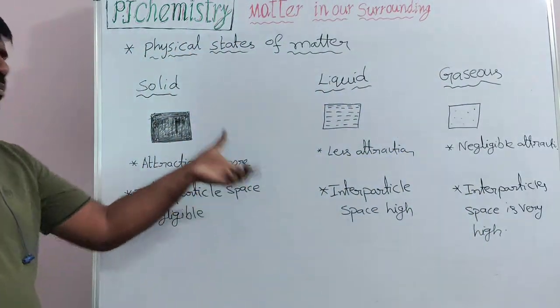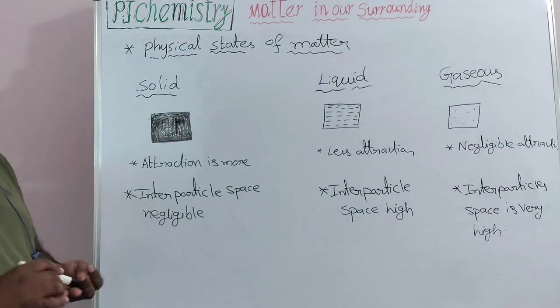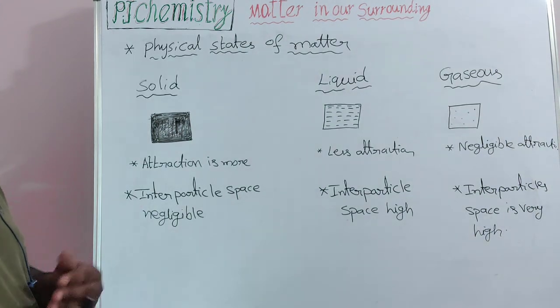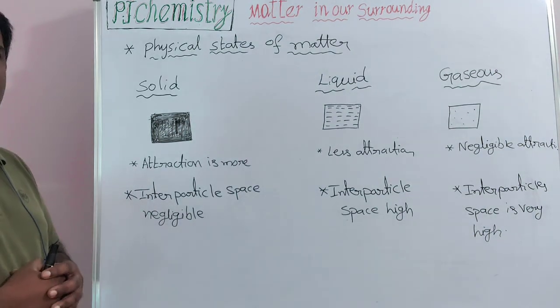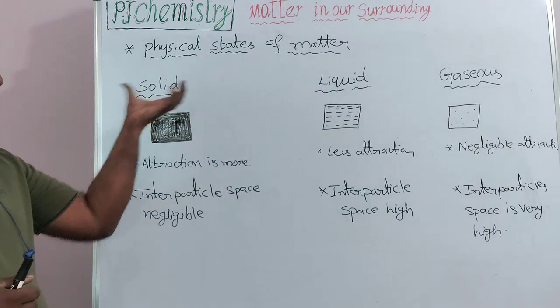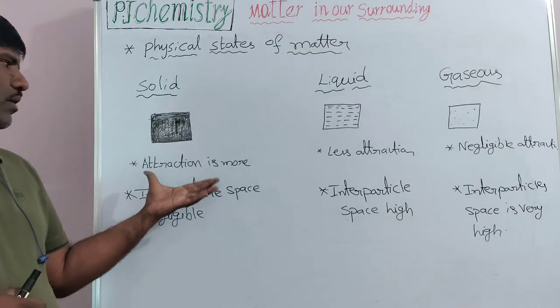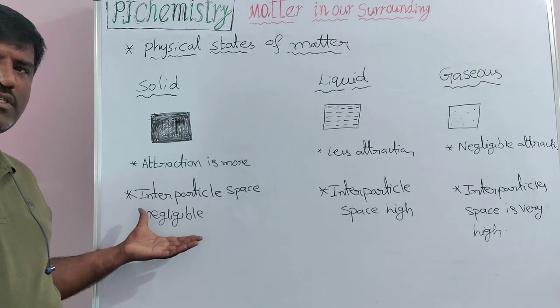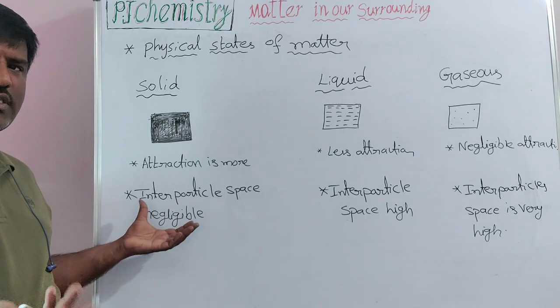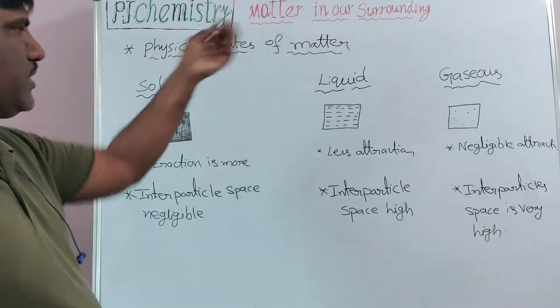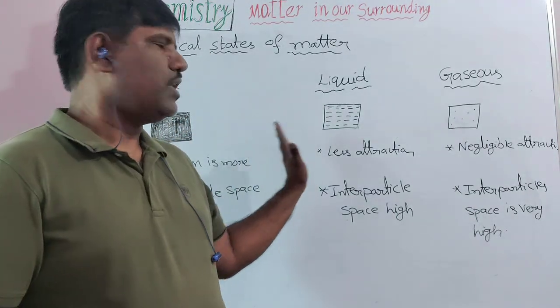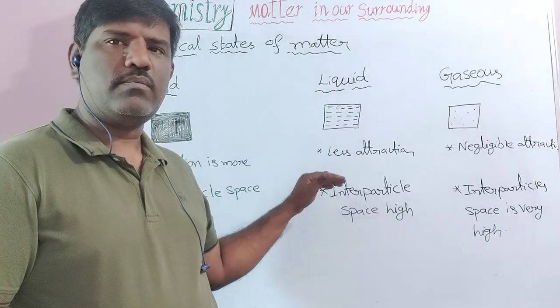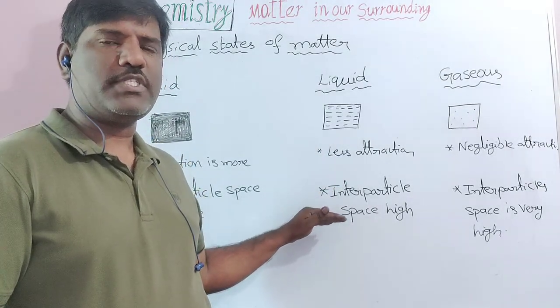Only with these two points you will be able to solve many questions. Solids: more attraction, negligible space. There are some exceptions we will discuss next. Liquids compared to solids: less attraction, but particle space is more.